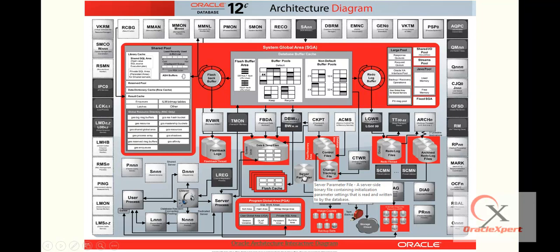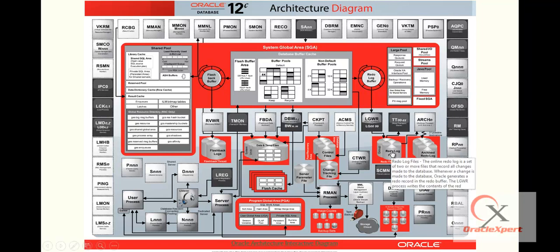This keeps on happening in a recursive manner until all the data is sorted. So temporary files are used to store sort segments for a sort operation that spills out of the sort area memory region from your SQL work areas, part of your PGA.